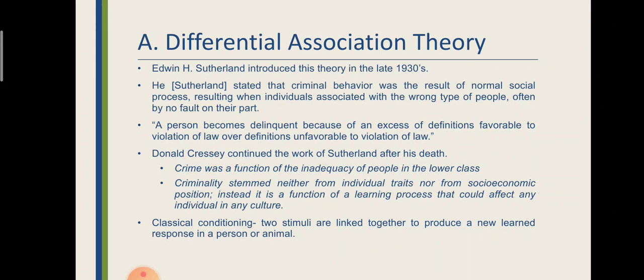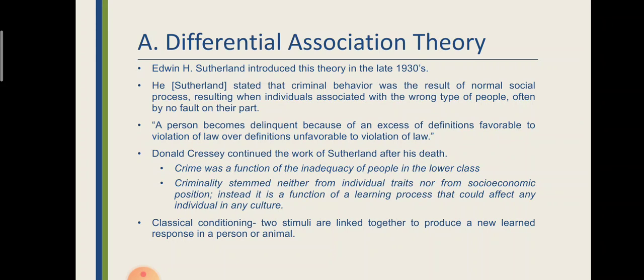According to Sutherland, by associating with crime-oriented people, whether they are parents or peers, an individual will inevitably choose to engage in criminal behavior because that is what he or she has learned.